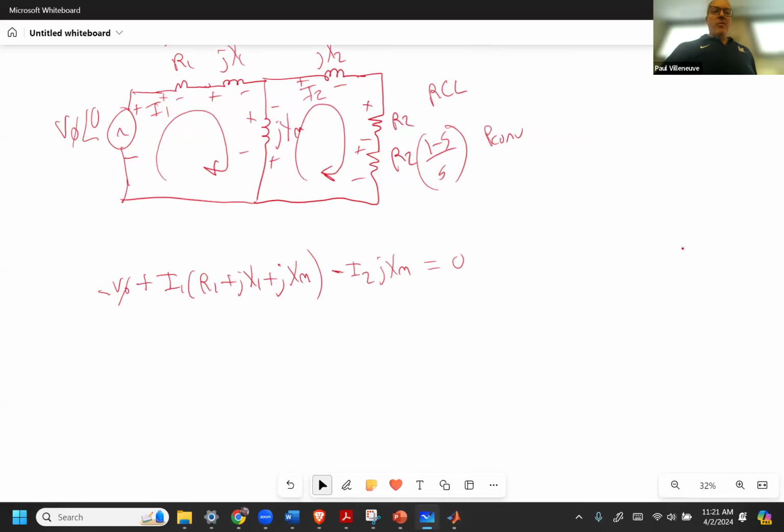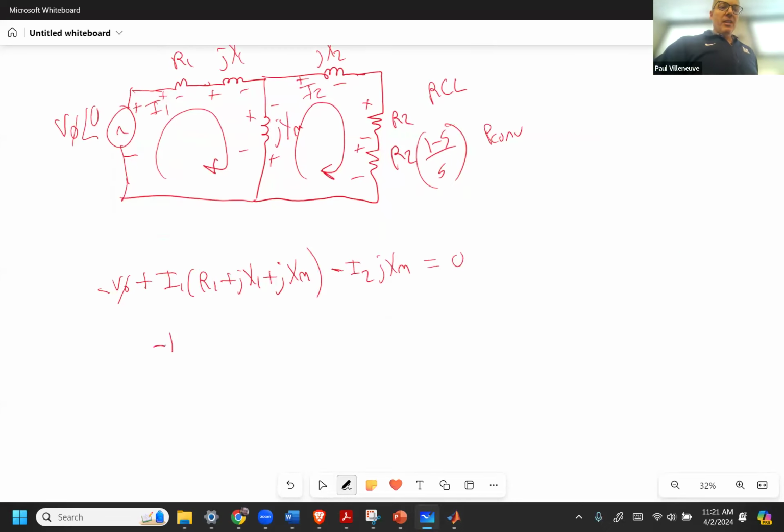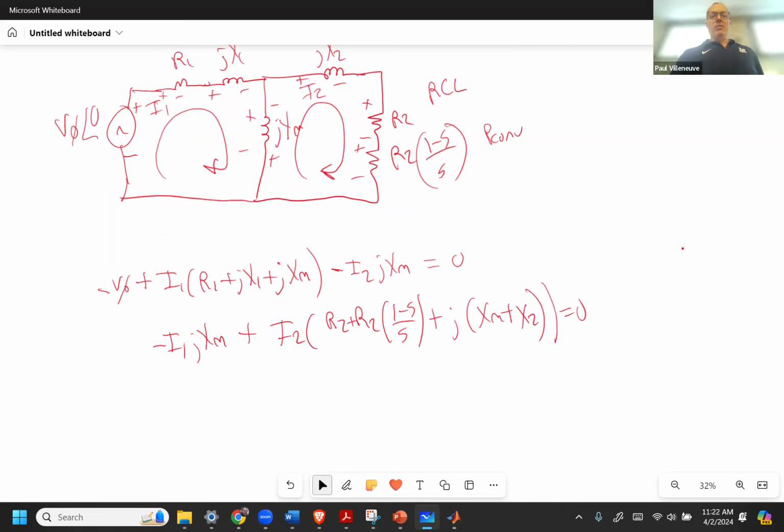My second loop equation, because of symmetry, is minus I1 jXM plus I2 times (R2 plus R2 times (1 minus S) over S plus j times (XM plus X2)), and that's going to be equal to 0.